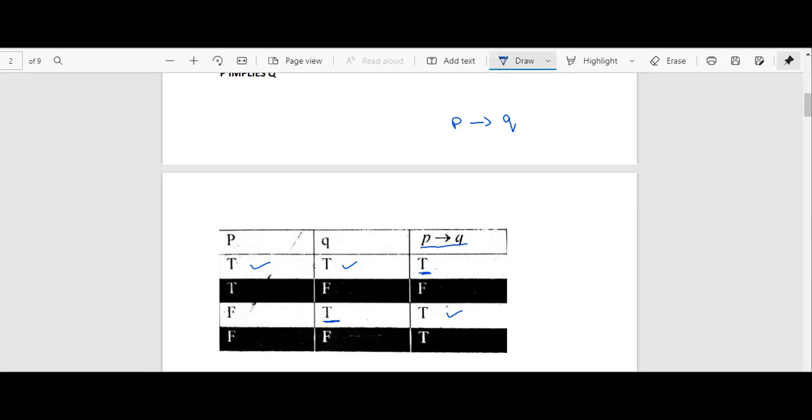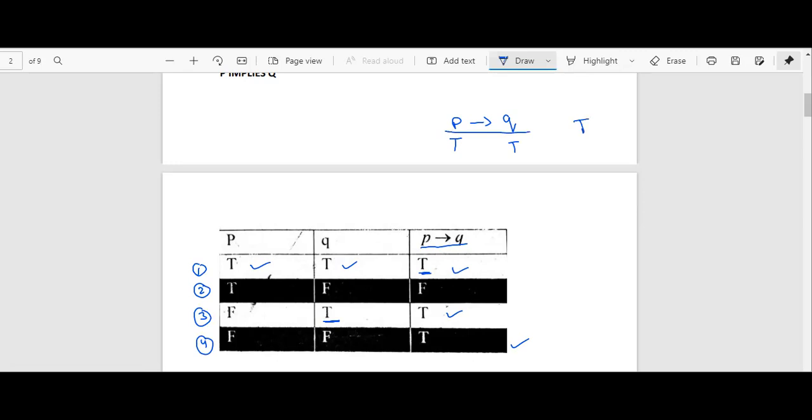So again, we have four conditions, we have four cases. Cases is the appropriate word here. So look, P implies Q is true in the first one, in the third one, and in the fourth one, right? In the first one, both P and Q are true. When both P and Q are true, this whole statement would be true.